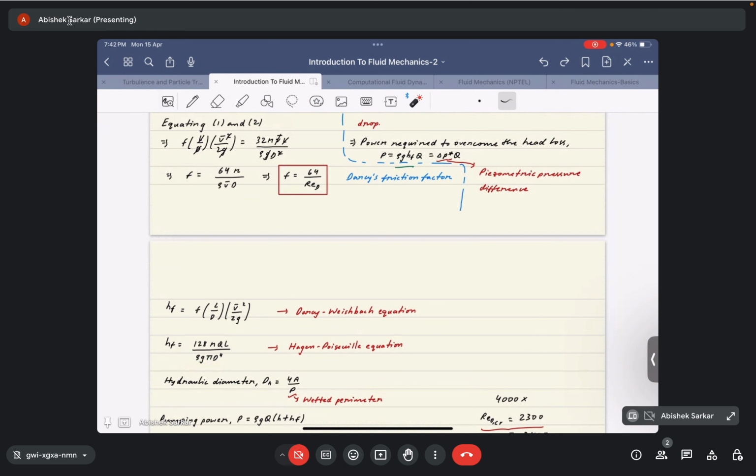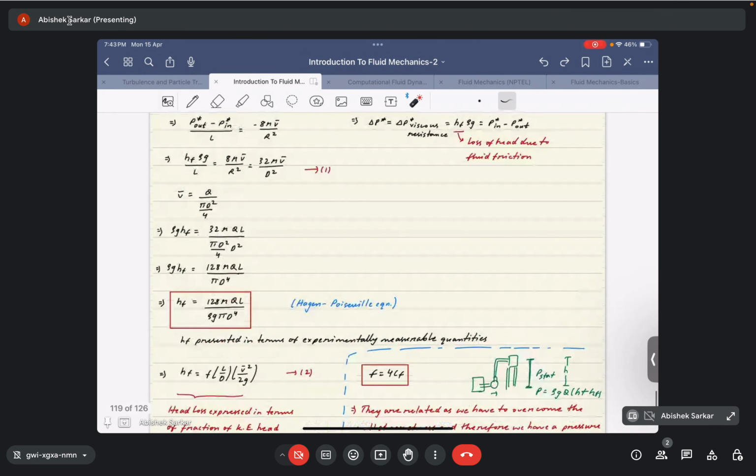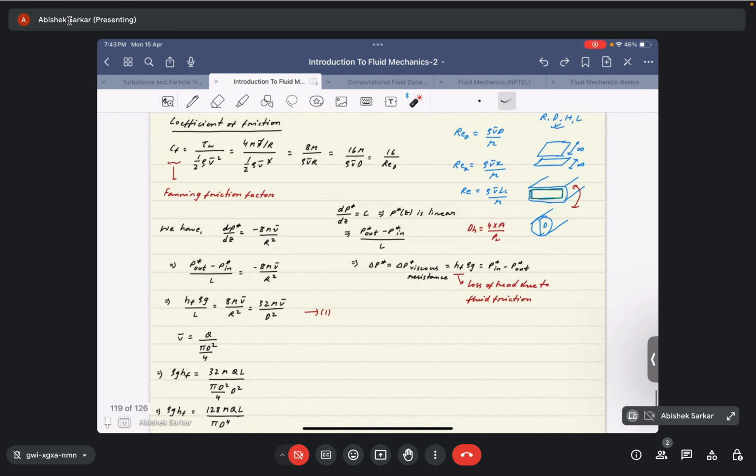The equation of friction factor F is equal to 64 by Re_D is only valid for laminar flows, and only for Reynolds number less than 2300 for pipes. Similarly, the formula defining friction factor, Cf is equal to 16 by Re_D, is only valid for laminar flows, where Re_D is again less than 2300.